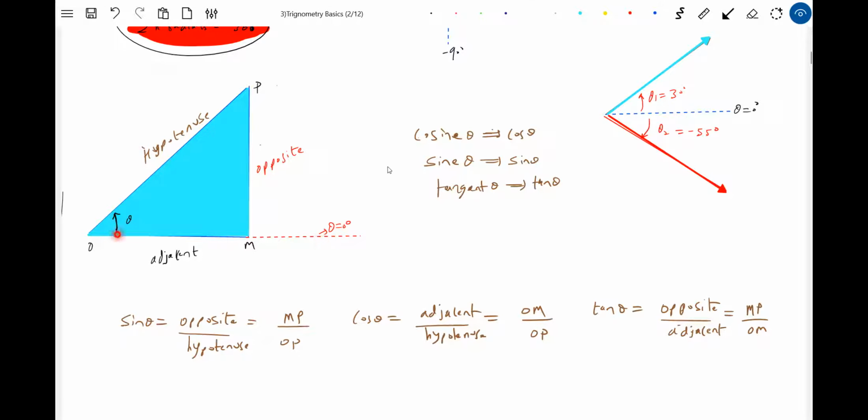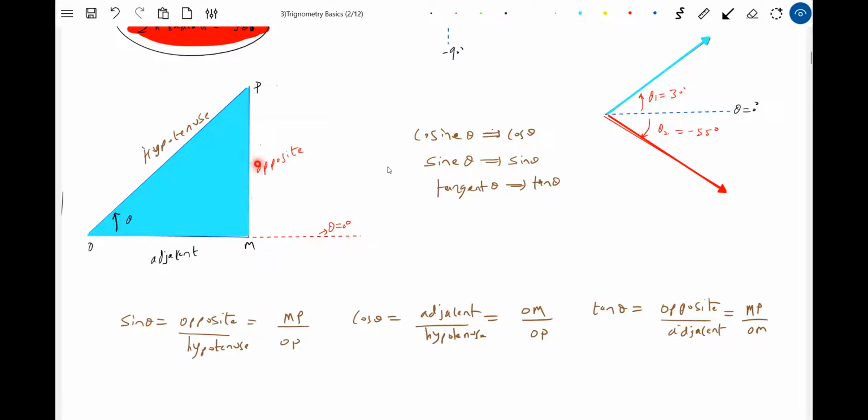So this side is called adjacent. Opposite to that angle is what we call opposite. This is hypotenuse. This is adjacent to that reference line. This side is opposite to that angle theta. We call this the opposite side. This is hypotenuse. Like this, we give names for these three sides.